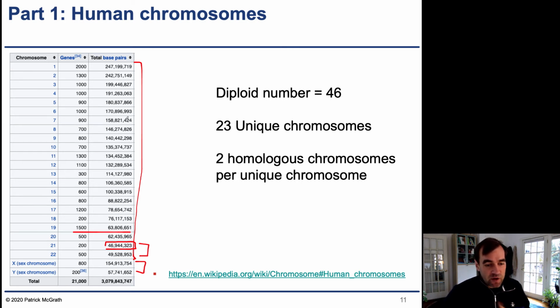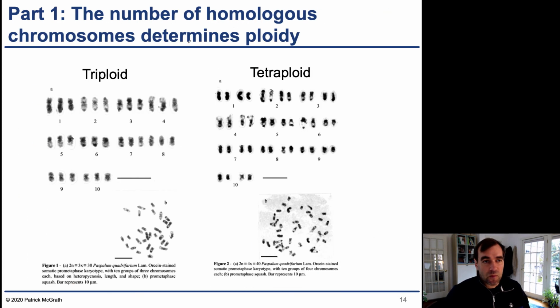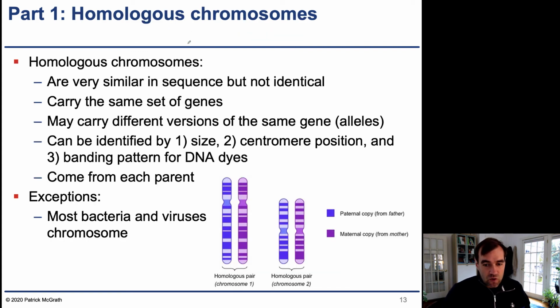So number of genes doesn't equal the number of base pairs. Chromosomes are typically named by base pair size, not gene content. And there's a huge range of distribution of genes on the different chromosomes.